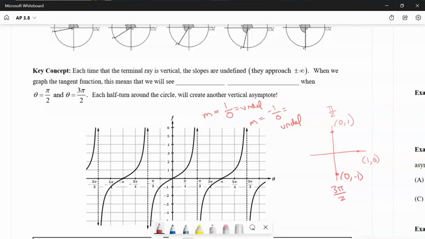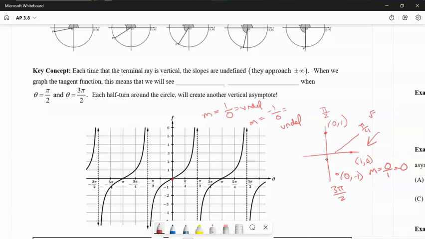All right, the other key point would be 0, with a slope of 0. When we're over here at 0, our slope would be 0 over 1, which is 0, right? So we're good at 0. The other one would be pi over 4.